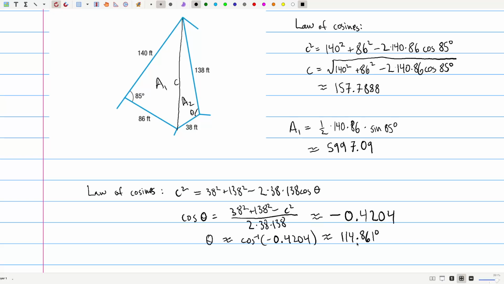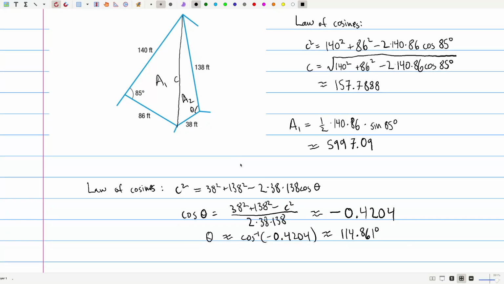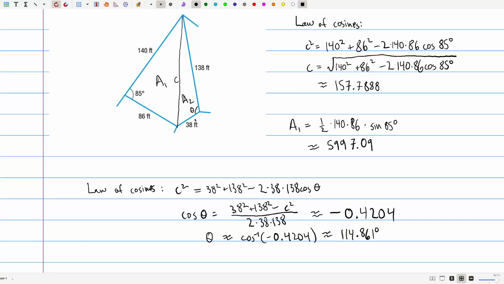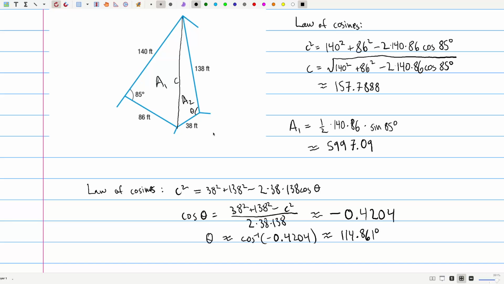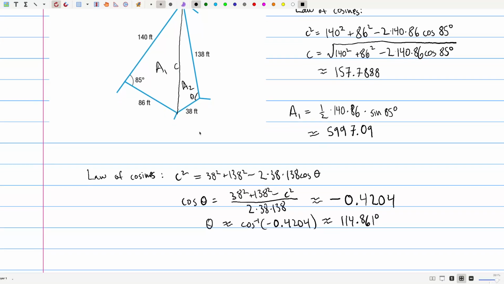Okay, so that's bigger than 90. That's good. It kind of matches the picture, though you can't always trust what the picture shows you, because it might not actually be to scale. Okay, so we want A2. The area of this other triangle is 1/2 times 38 times 138 times the sine of theta.